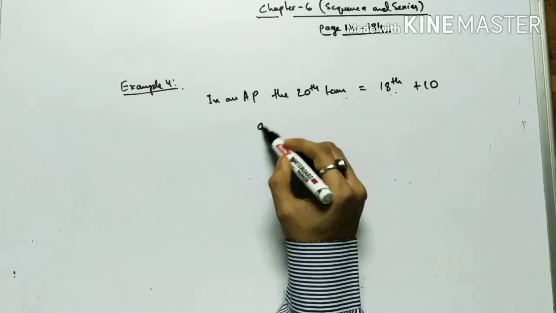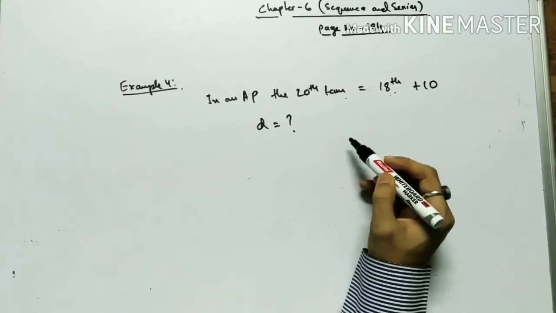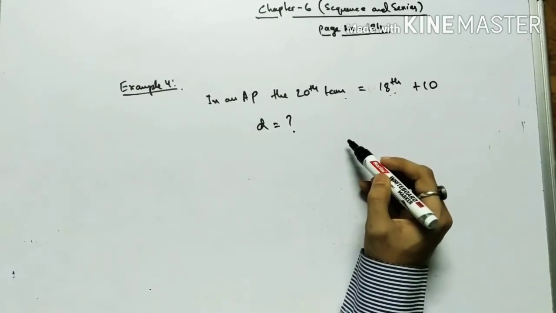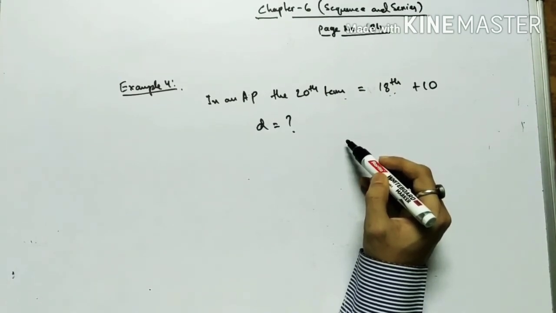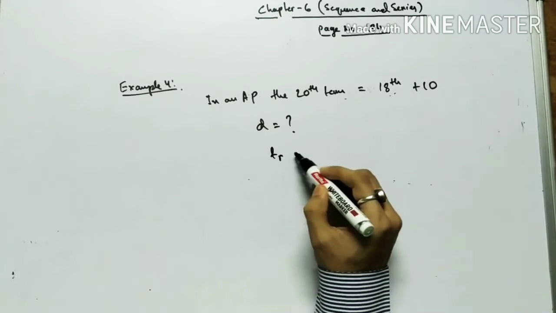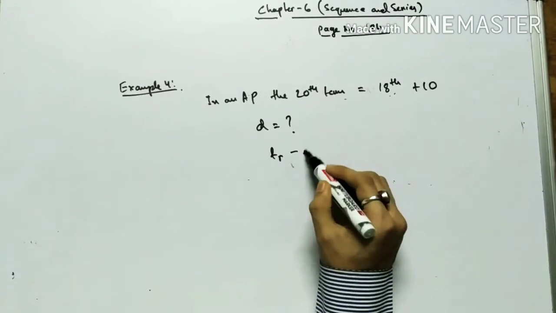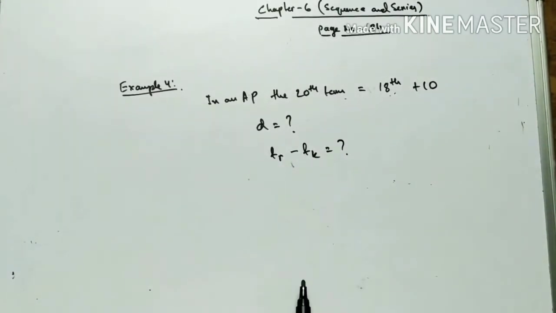Find the common difference, small letter d. Also find TR minus TK. Okay, TR minus TK I have to find.